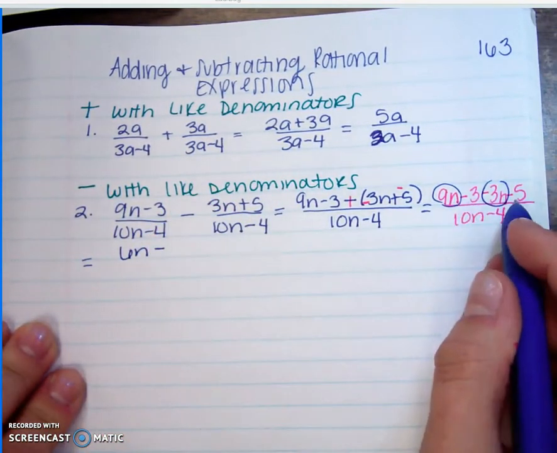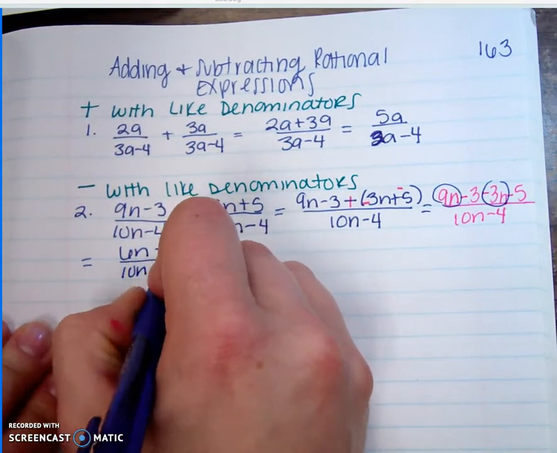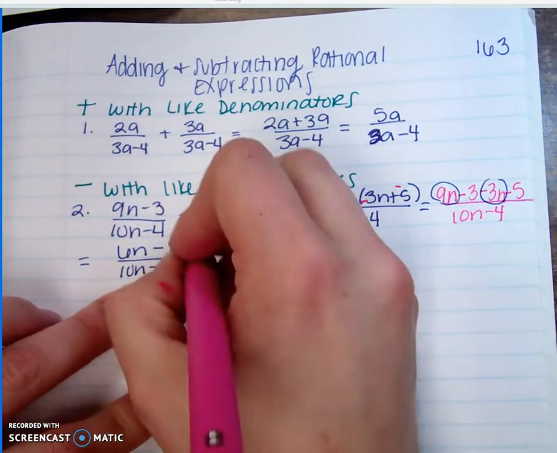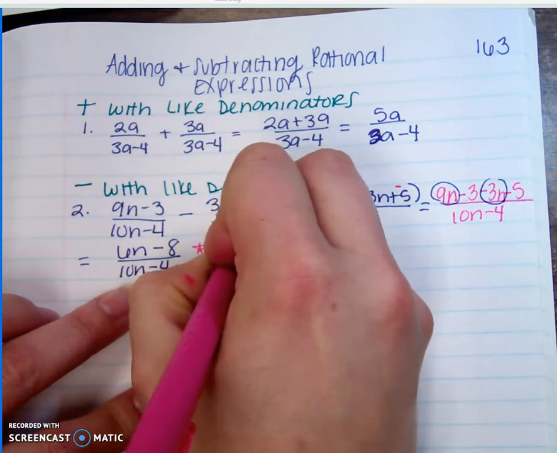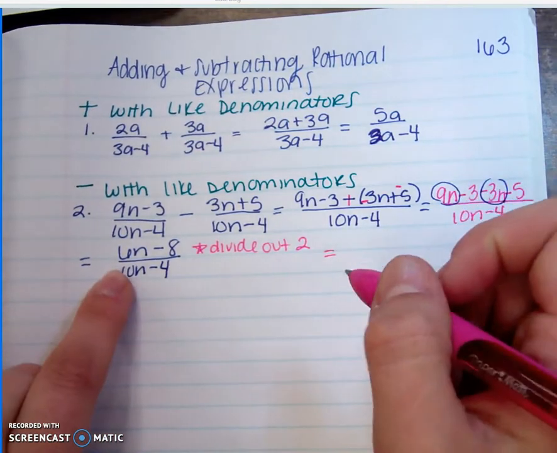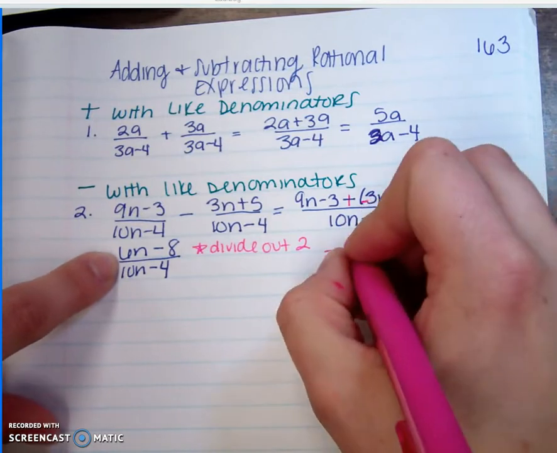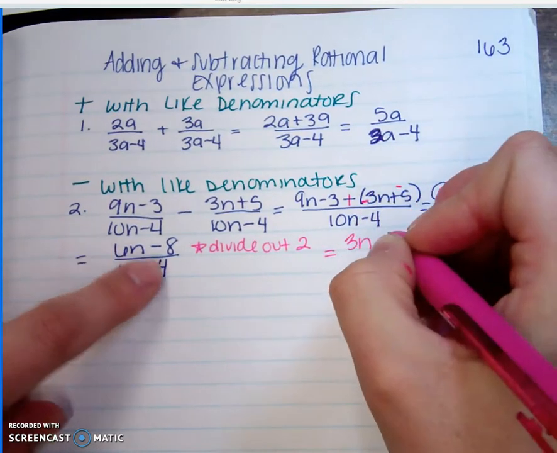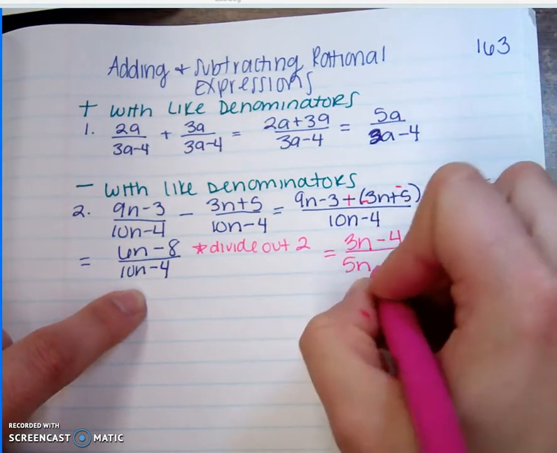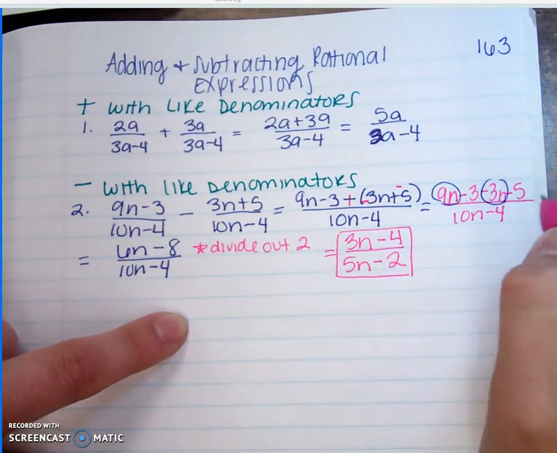Negative 3, negative 5 is negative 8 over the 10n minus 4. Now you'll notice here I can simplify. I'm going to divide out a 2 from all of those places. So I have now 6n divided by 2 is 3n, minus 4 over 5n minus 2. Okay, good.